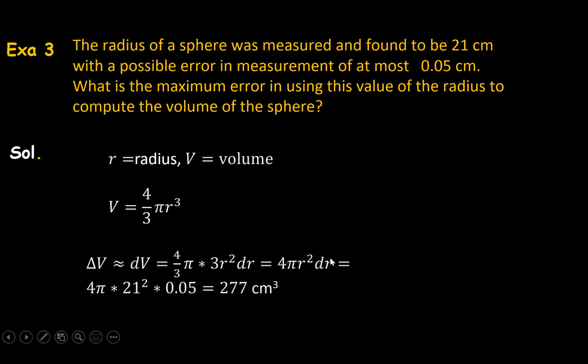And now we just enter all the data into here. r is 21, dr is 0.05, so we get this. And that, if you compute, is roughly 277. And the unit should be cm cubed, because we're talking about volume. That's all.